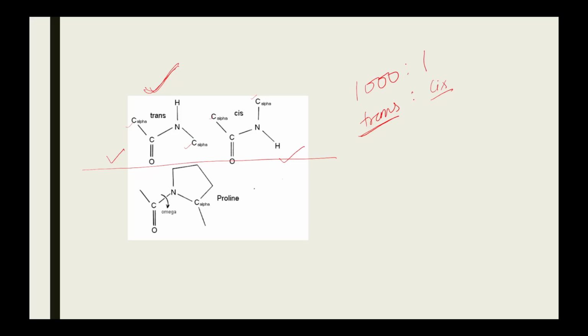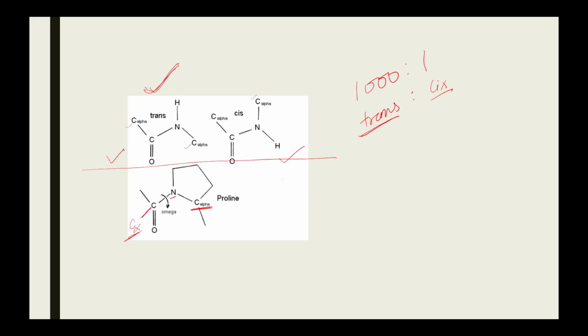But in case of proline, where the C alpha and the amino group make a cyclic structure as the R side chain, in this particular configuration both the cis and the trans configuration of the proline residues have equivalent rotational energy.